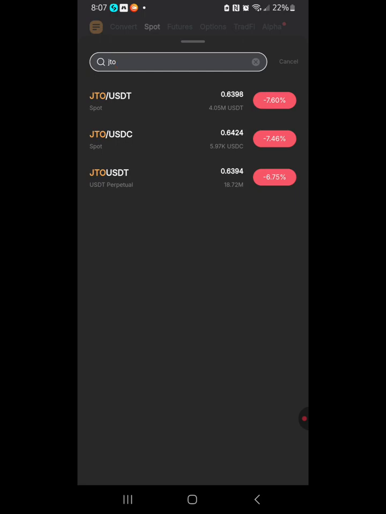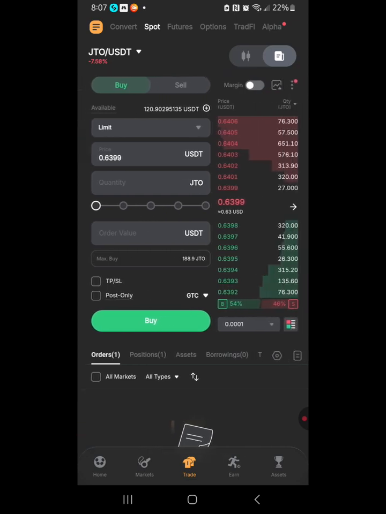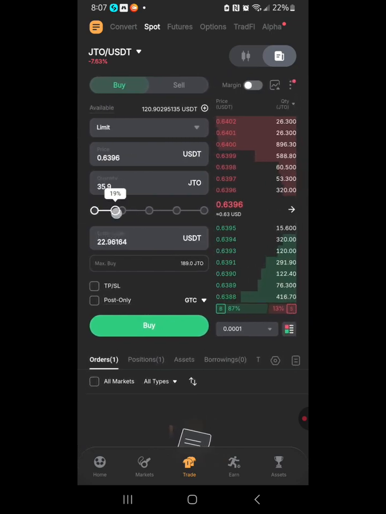Okay, so let's get into the trading section and let me show you how we can utilize this, so that we can see how to buy and sell pretty fast. As the opportunity says, we're going to be buying here and then we sell on the other side.